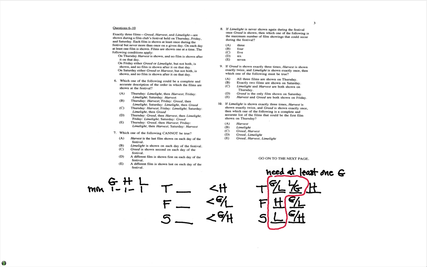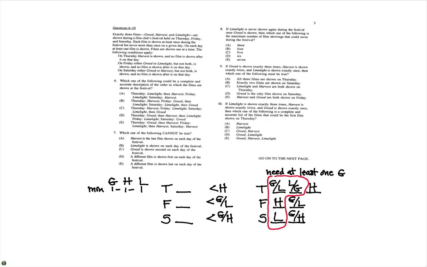Alright, so first turning our attention to question 6, which one of the following could be a complete and accurate description of the order in which the films are shown at the festival? So, free question, right? I don't care if you have absolutely no clue what is going on in the game. You can always get these questions right, okay?